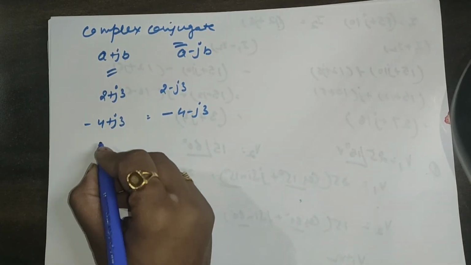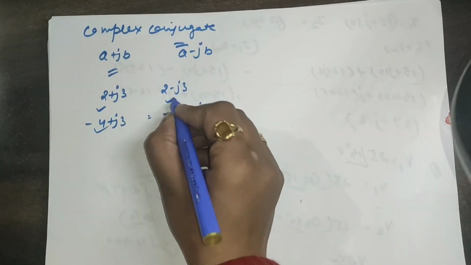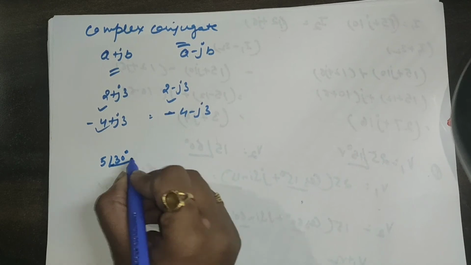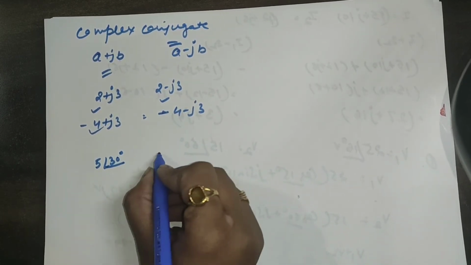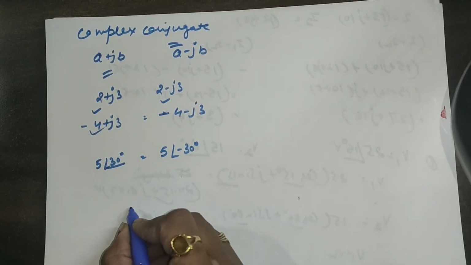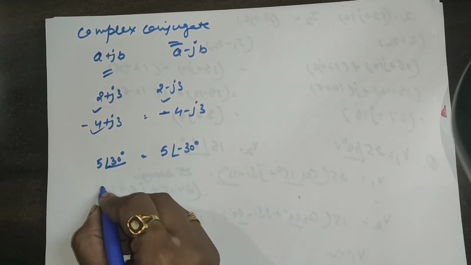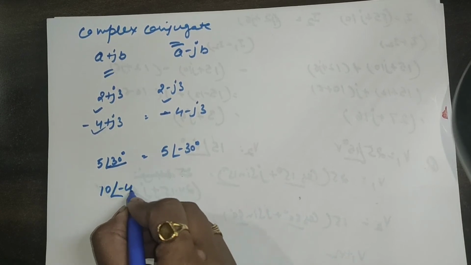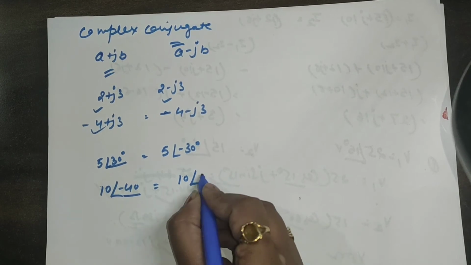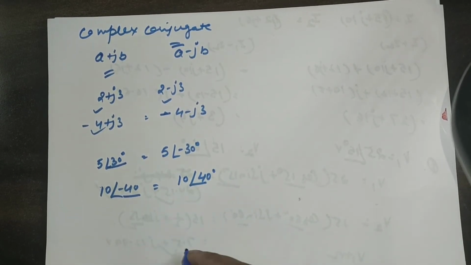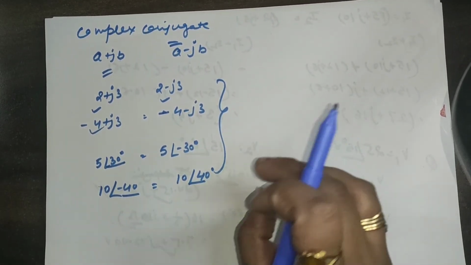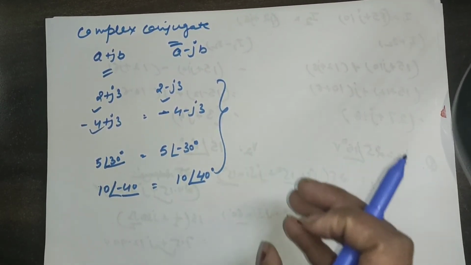This is the rectangular form. In polar form, if we take 5 angle 30, the complex conjugate of this number will be 5 angle minus 30 degrees. If we take 10 angle minus 40, the complex conjugate will be 10 angle 40 degrees. So this is your complex conjugate. Complex conjugate is only a number that differs in the algebraic sign.